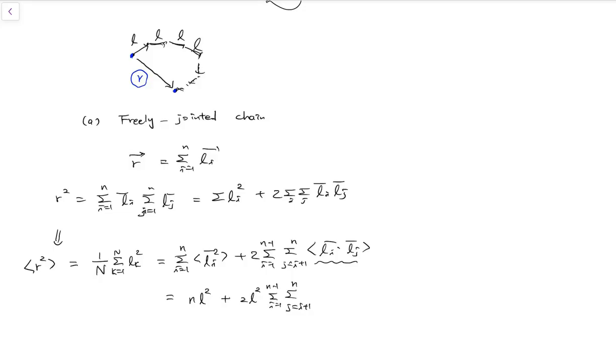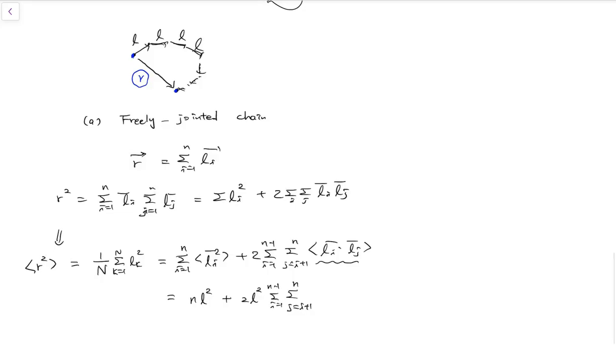Actually, the inner product of two vectors is cosine theta, right? And we know that the cosine function looks like this.